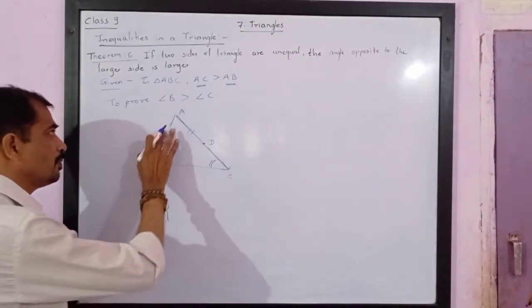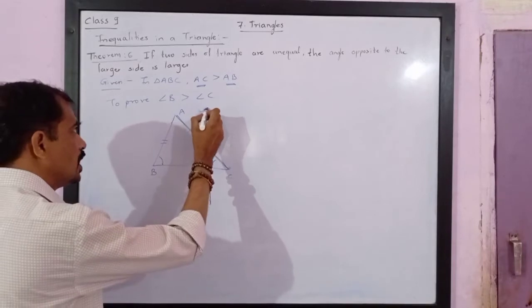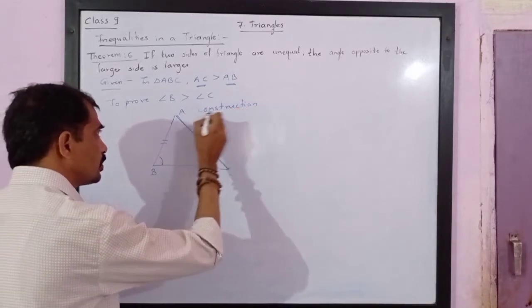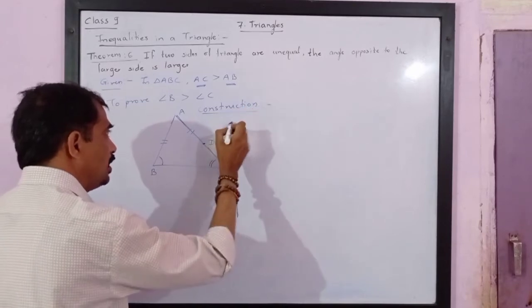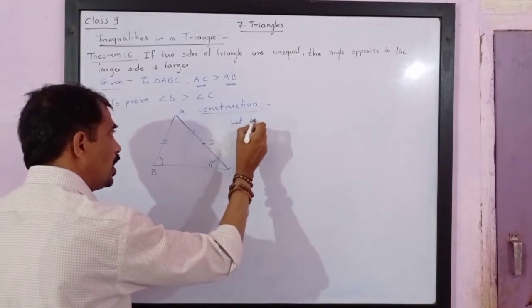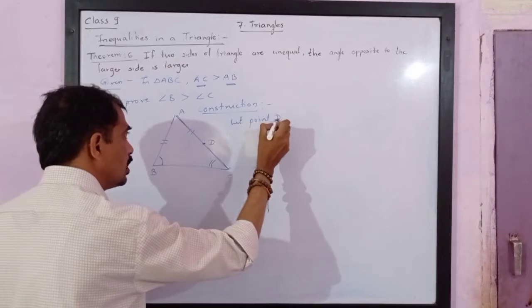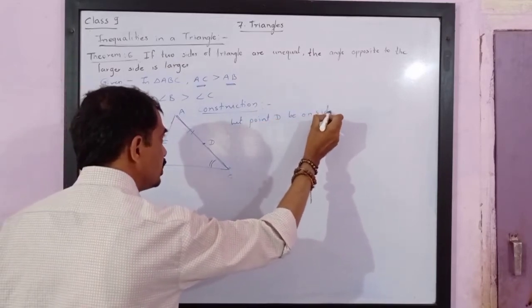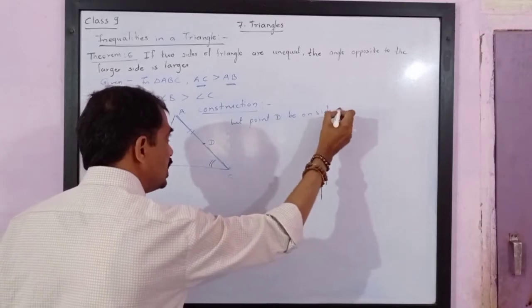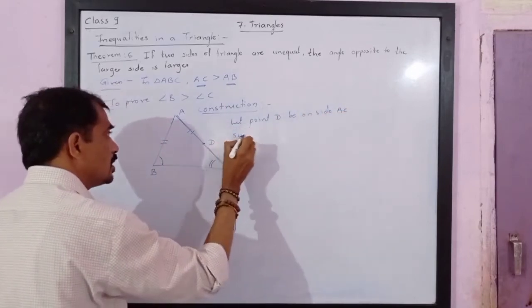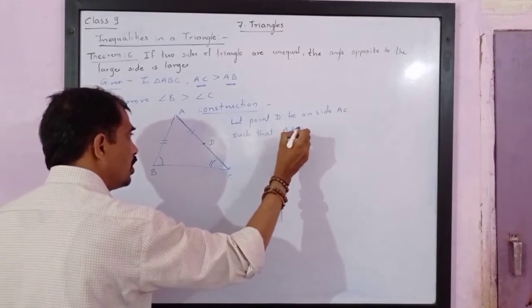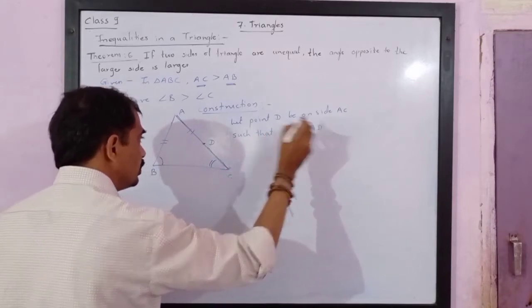So for this, construction: let point D be on side AC such that AB equals AD.